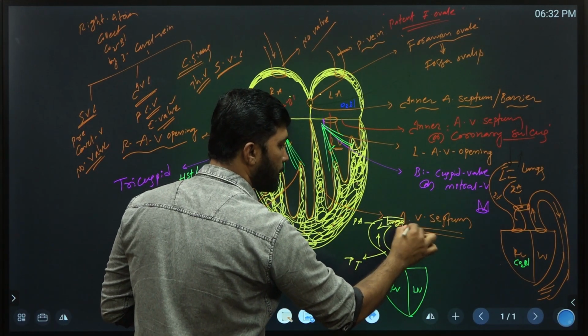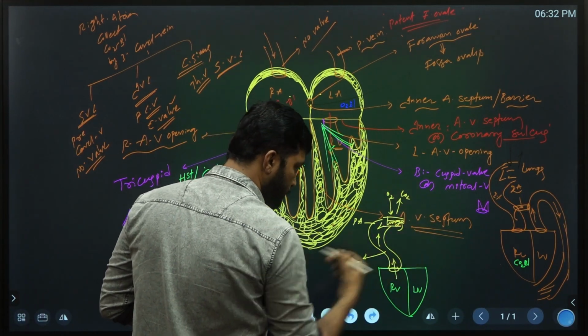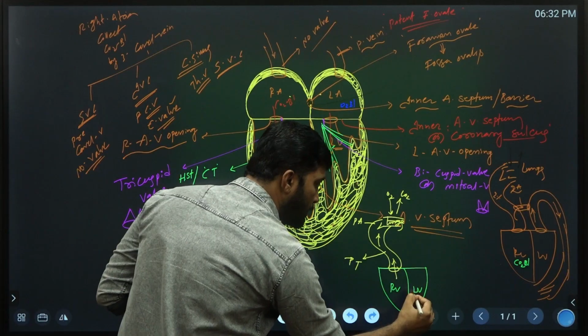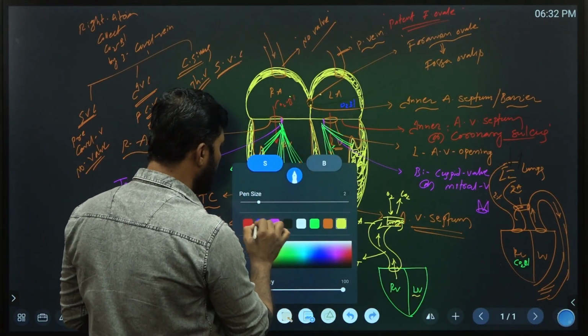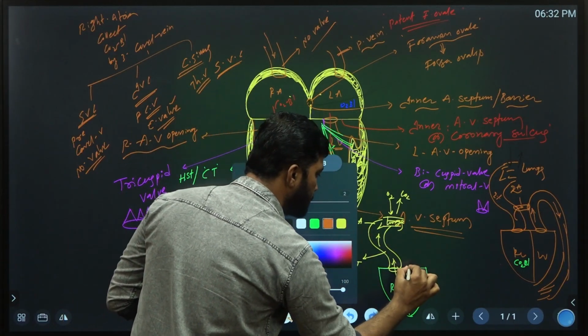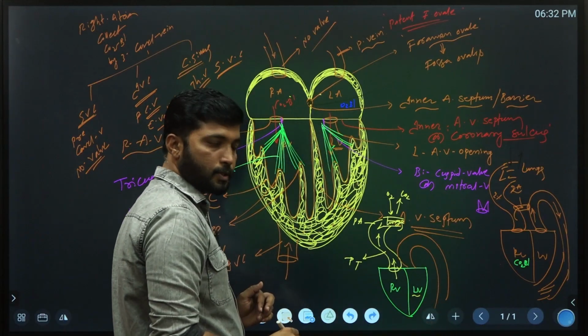In the lungs, what happens? Exchange of oxygen and carbon dioxide. Next, the left ventricle pumps oxygenated blood towards body parts.